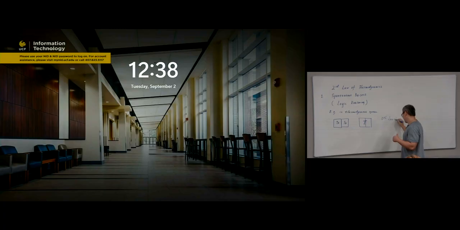Remember? It just tells us there's a parameter named temperature. When two objects are together, eventually they reach the same temperature. The zeroth law of thermodynamics is not the definition of temperature. It tells us we can define a parameter called temperature. Anyway, so they reach the same temperature.